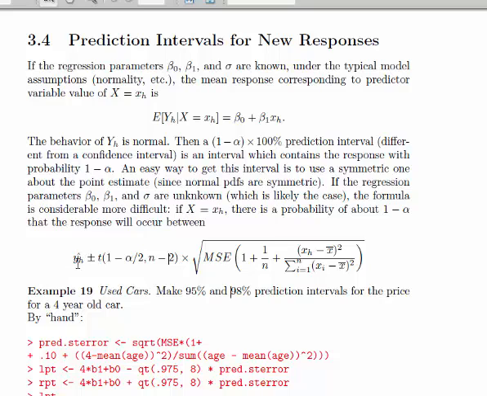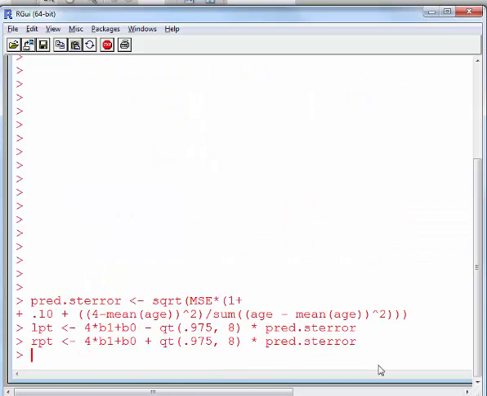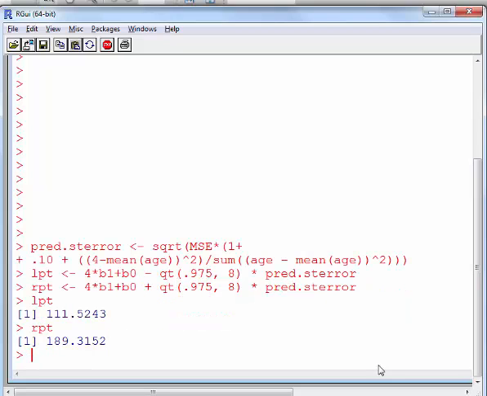That's the fitted value on the regression line that we got. Now if I do LPT and RPT, that gets me my left and right endpoints. Again, notice that since we're doing a 95% prediction interval, these are 0.975s.